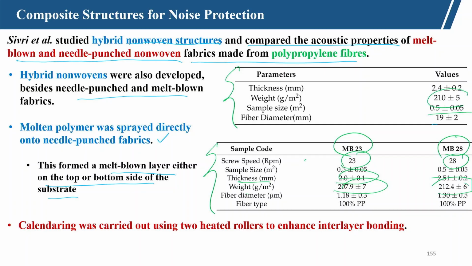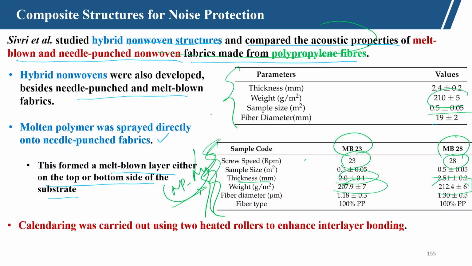So, these are the characteristics of the parameters for this composite structure, needle punched and melt blown. So, this is the total parameters.